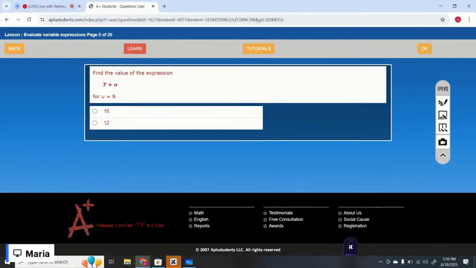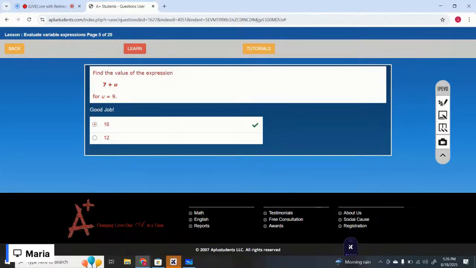That is 7 plus 9 is 16. Option number 1 is the correct option. Very good, 16 it is.